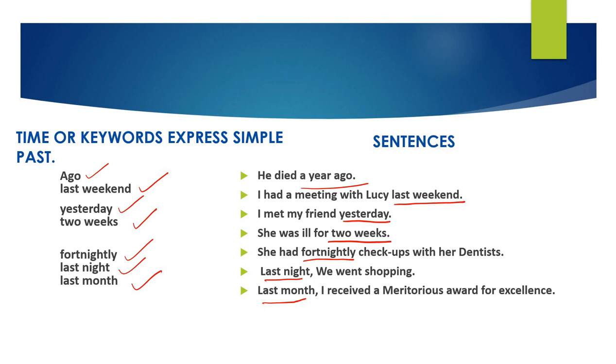Understand how these keywords are applied in the sentence to indicate an action happened in the past. When you say simply 2 weeks or fortnightly, it does not necessarily mean that the words indicate past, but how these words are meticulously used in the sentence shows that it happened in the past. Hope it is clear.